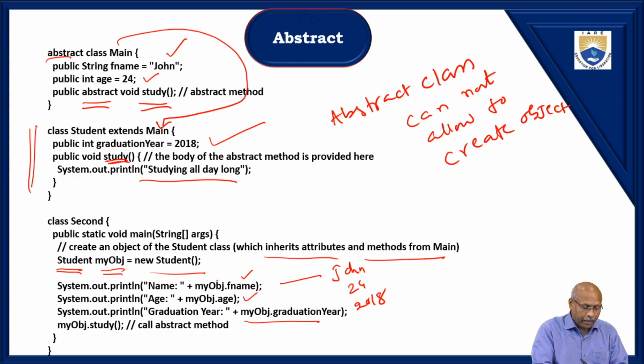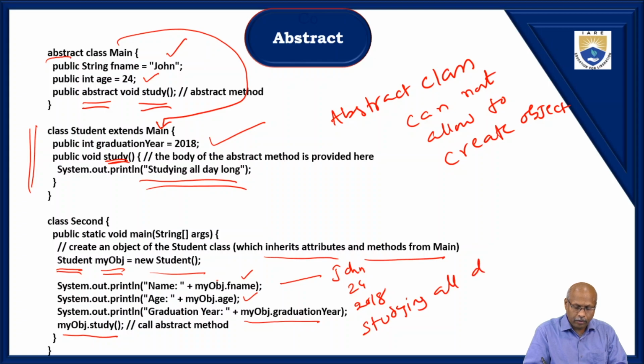And when I call obj dot study, then automatically the study method of my child is called because it is already overridden. So it goes there and prints "Studying all day long." This message will be printed. So this is the way it works.